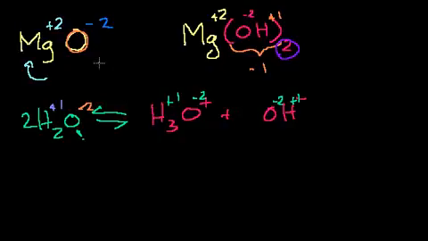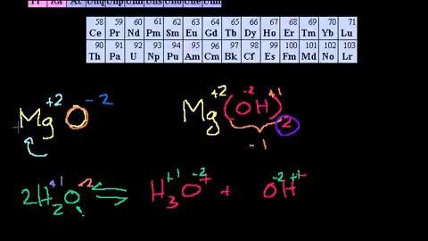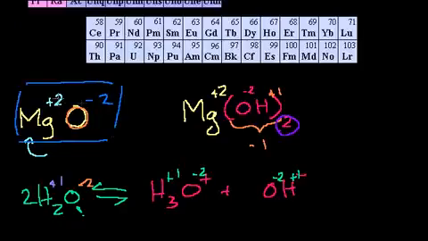And I just want, because sometimes I'll say, hey, look, magnesium has an oxidation state of +2, and oxygen has an oxidation state of -2. Magnesium was oxidized. 2 electrons were taken away from it, and oxygen was reduced. 2 electrons were given to it. And I'll say that implying some reaction that produced it, but that's not always the case. You could have a reaction where that necessarily didn't happen.